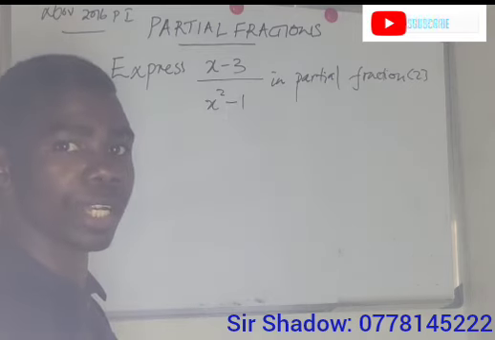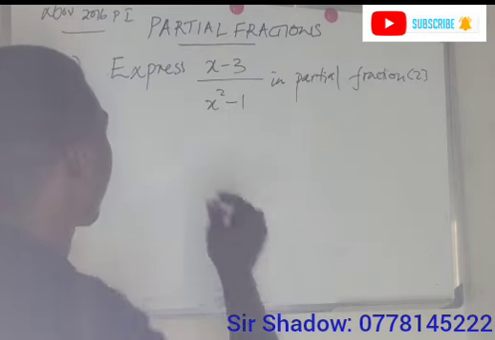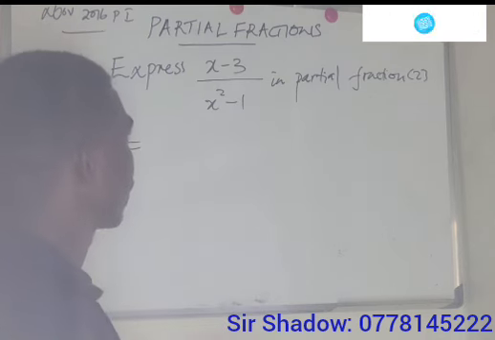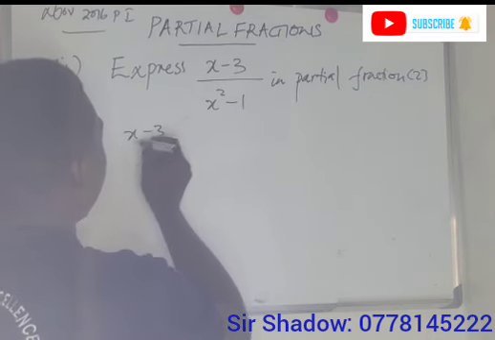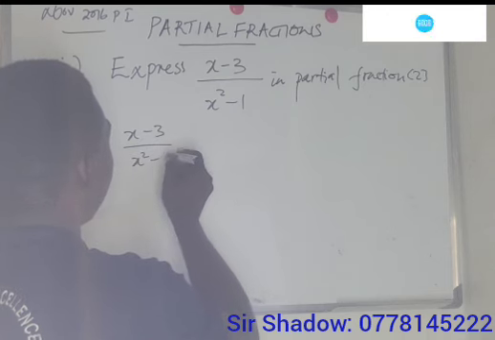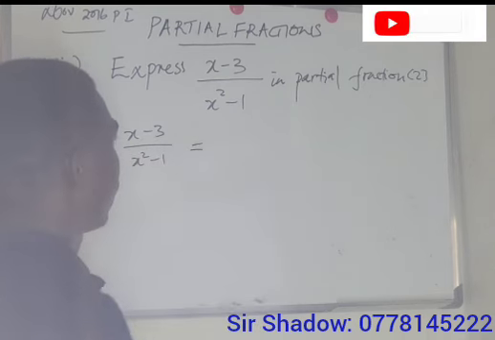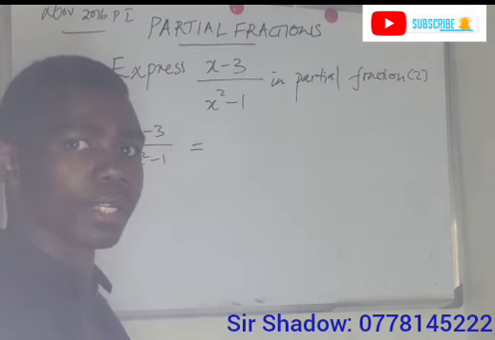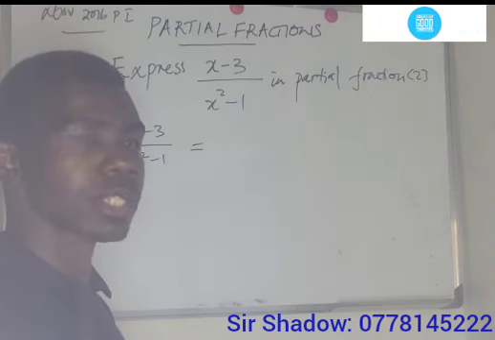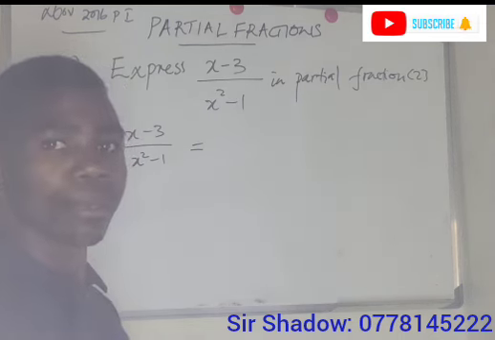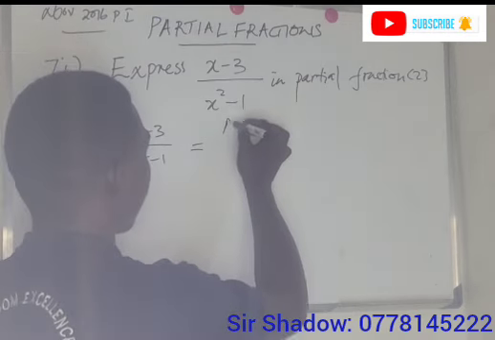Remember, x squared minus 1 we can factorize using the difference of two squares. So x squared minus 1 is the same as x plus 1 in brackets and x minus 1 in brackets.